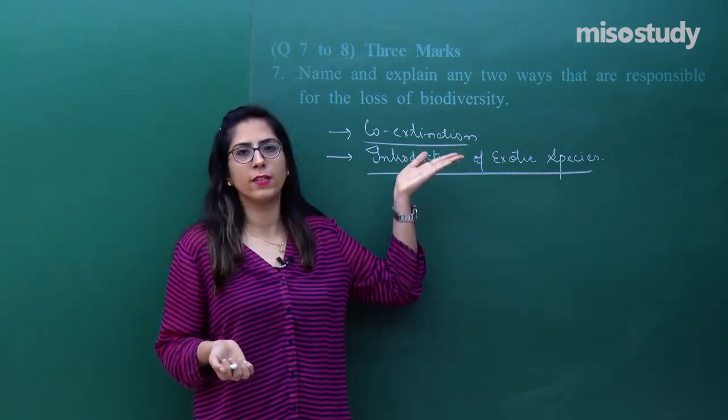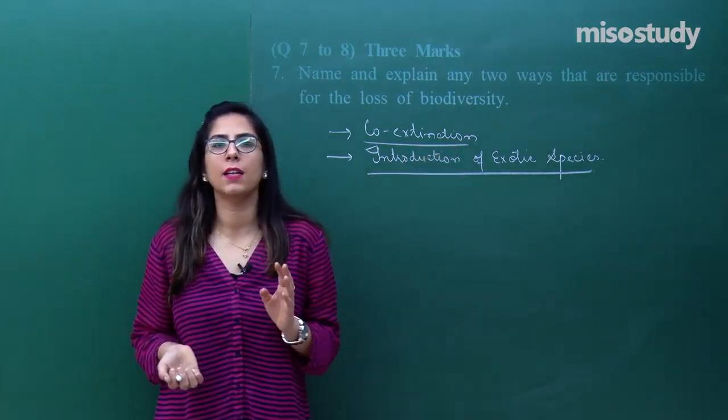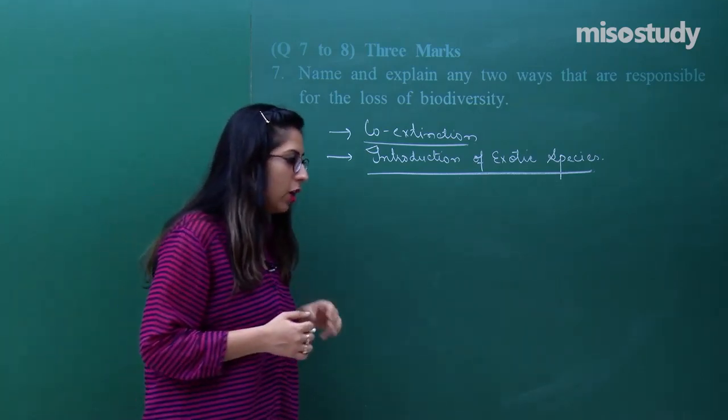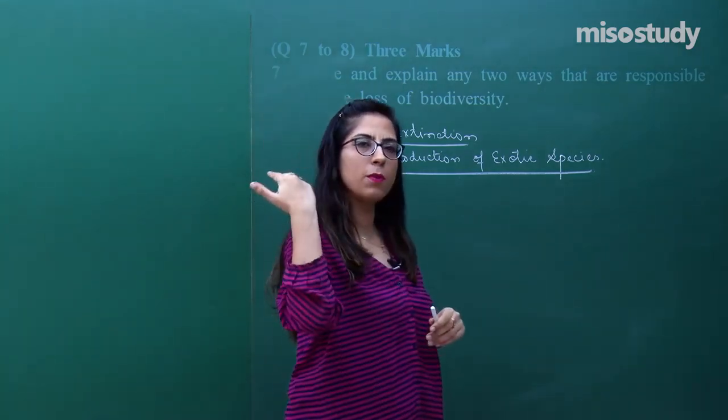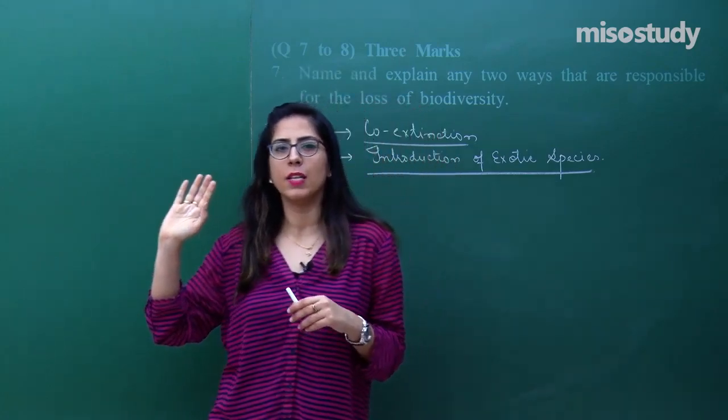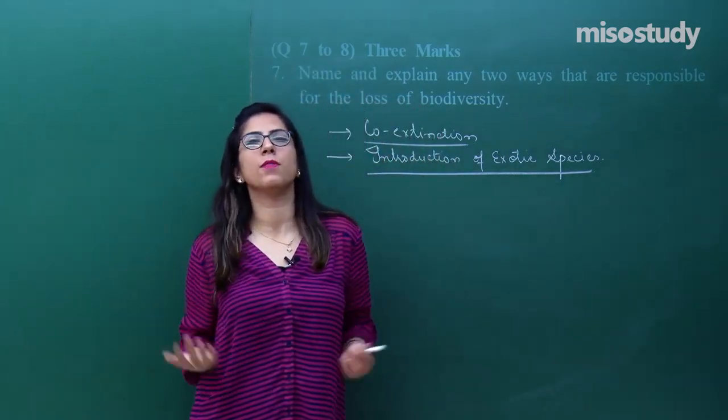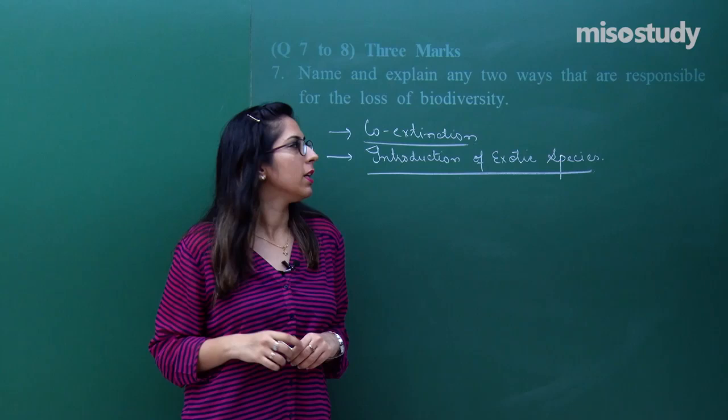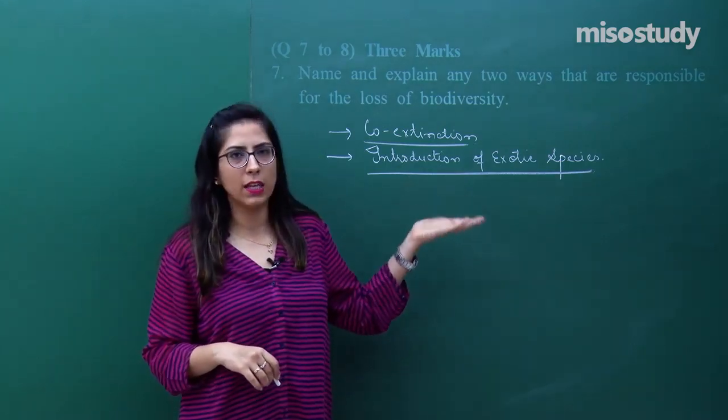That is called co-extinction. Plants and pollinators are an example. If the pollinators go extinct from nature, definitely the plants will not be able to survive, right? So this is called co-extinction.